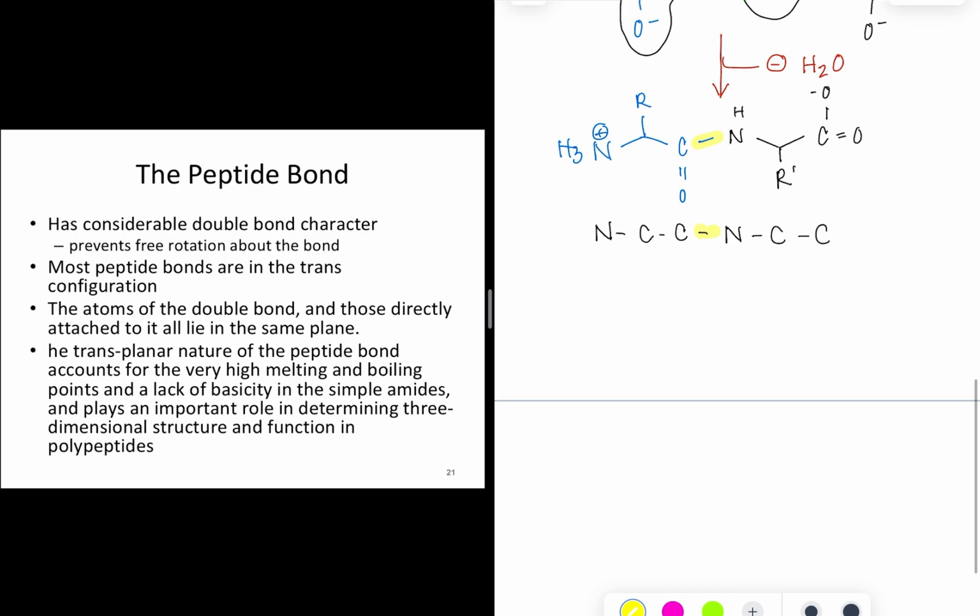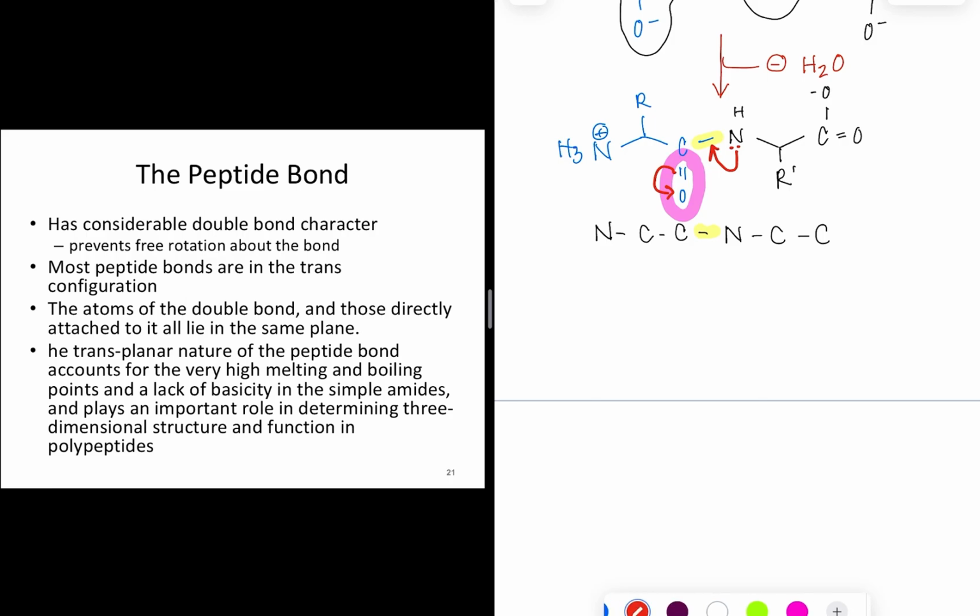The amide bond, because it has this carbonyl, we have resonance with this bond. So I'm going to draw here the resonance form for this molecule. Remember, I have a lone pair of electrons on this nitrogen, so I can draw a resonance form where I move those electrons to make a bond with the carbon, and I move the double bond electrons from the carbonyl to the oxygen.